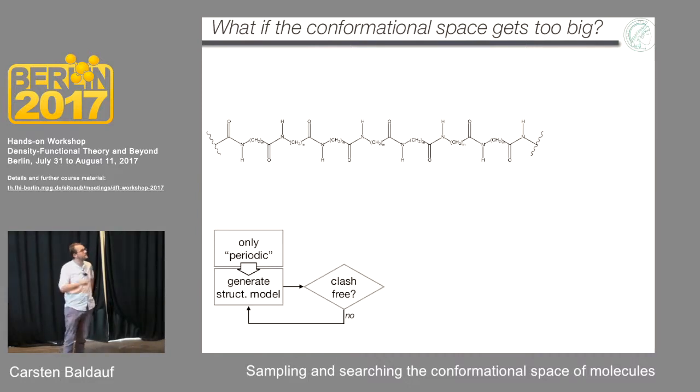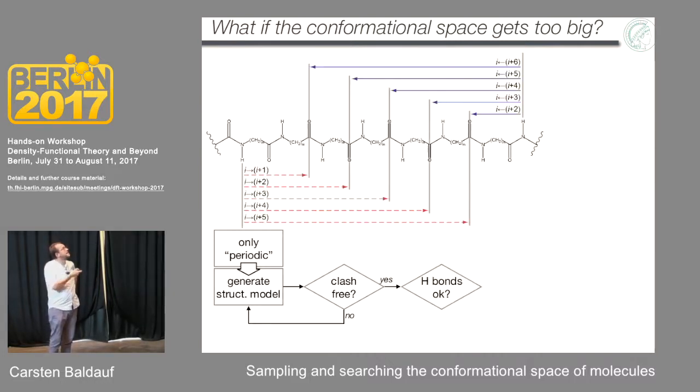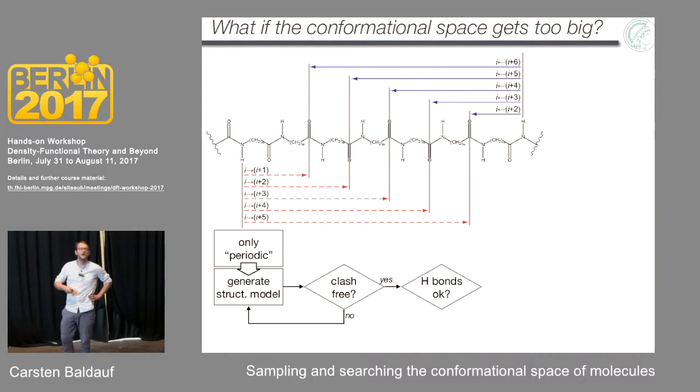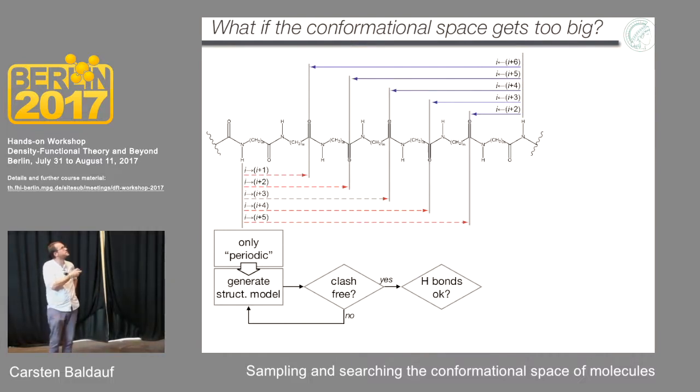So the next thing that we would do, before we actually do a DFT or force field calculation, is first check if the whole thing makes sense at all, if it's a sensible structure without clashes between atoms. Those we can directly discard, they are not useful. The next step is that we are interested in a certain property. Because our experimentalists said these things are hydrogen bonded, we only want structures that have a certain hydrogen bonding pattern.